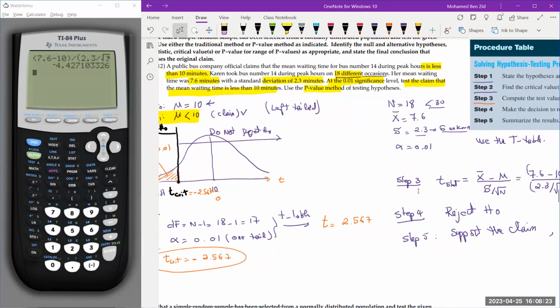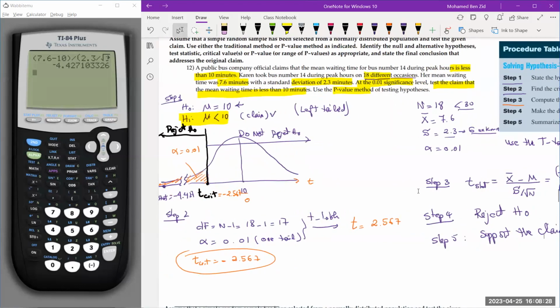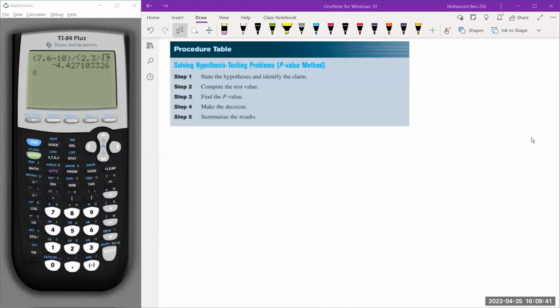So for the p-value, it's going to be exactly the same thing. The only difference here, let me grab the formula. All right, so if I follow the steps, since we did it already, so step 1, it's going to be H0, which is the mean equals 10, and H1, the mean, is less than 10, and this is the claim.